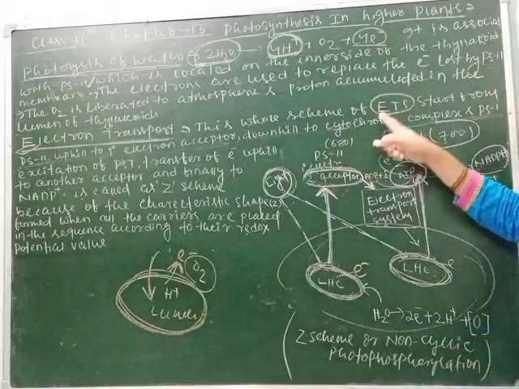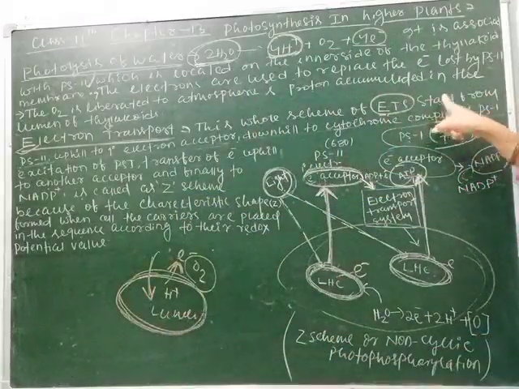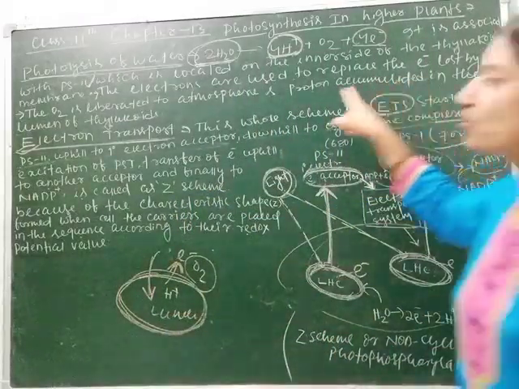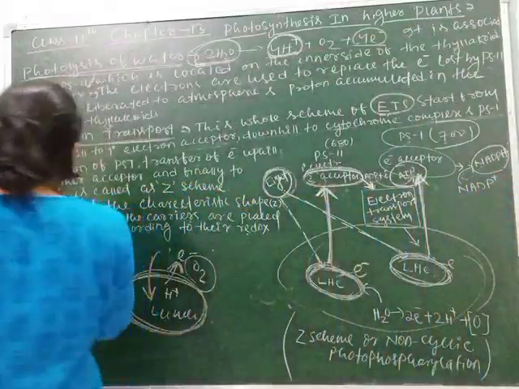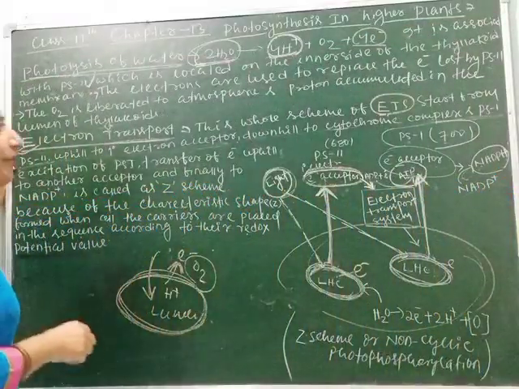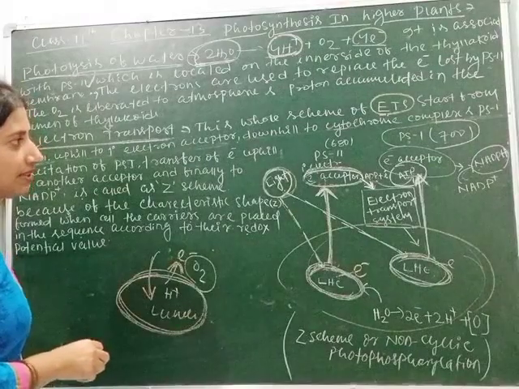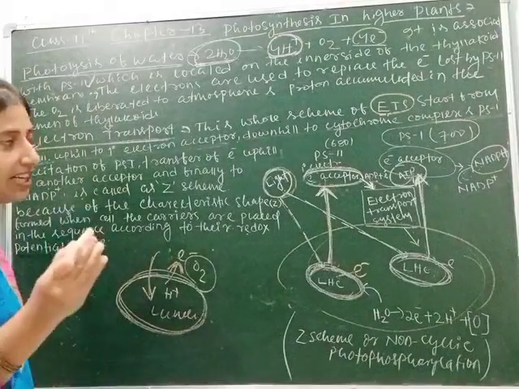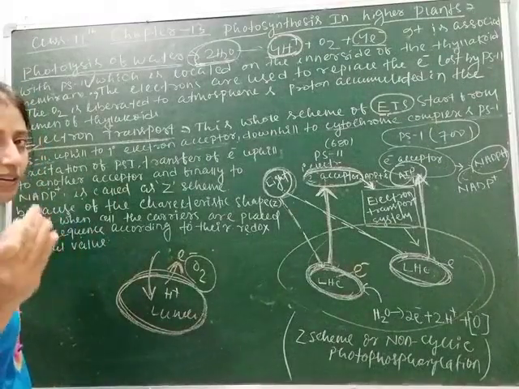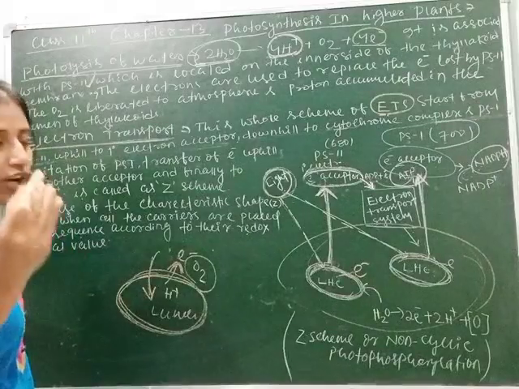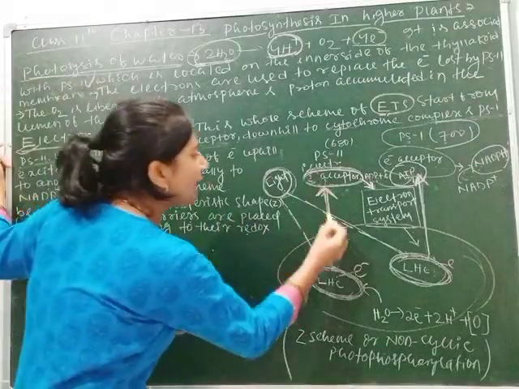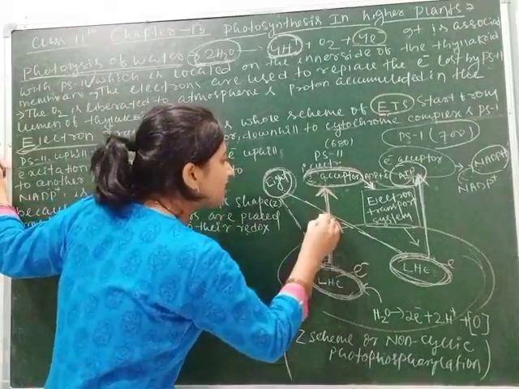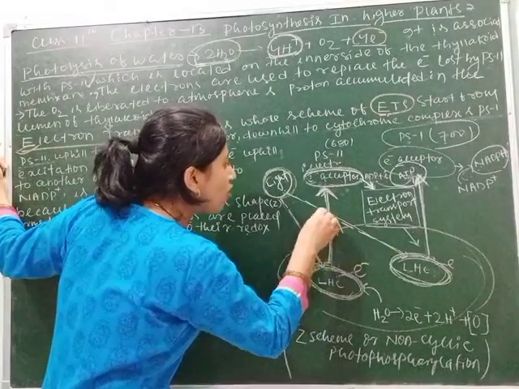This diagram represents the electron transport system that starts from PS2, meaning photosystem 2, to the primary electron acceptor. After the breakdown of water in photosystem 2, the electrons released move in an upward direction like this. That's why this is called uphill.